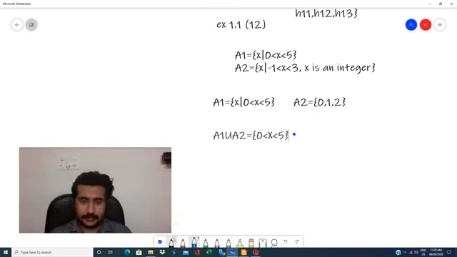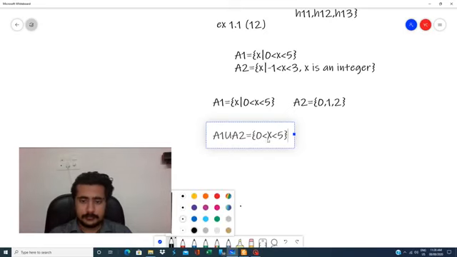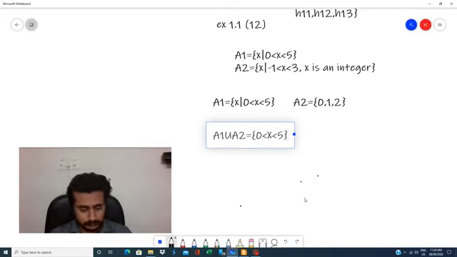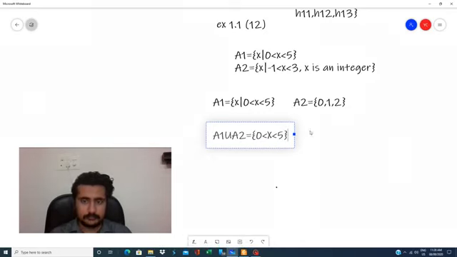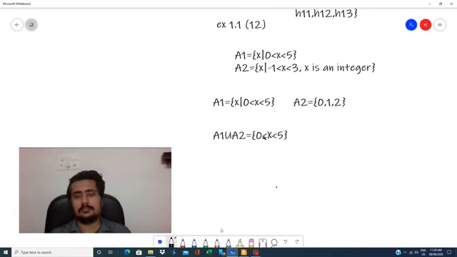Okay, let us mark it with a pen. So it is 0 less than or equal to x less than or equal to 5.